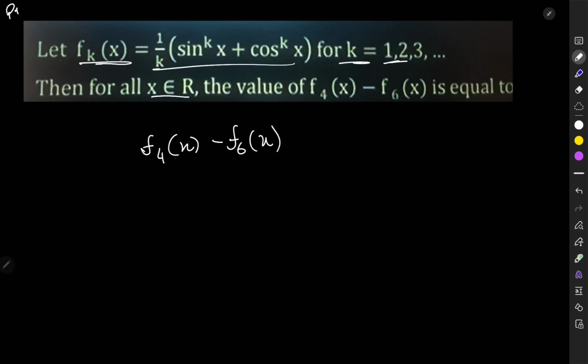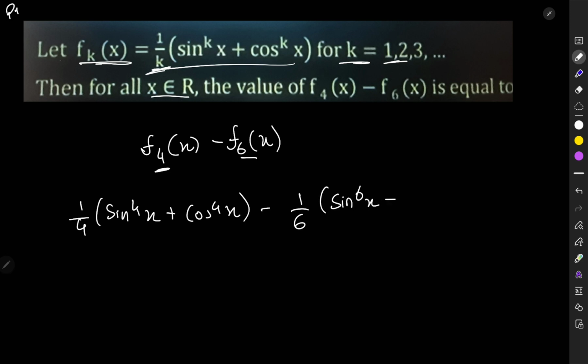So just apply 4 and 6 here. Okay, so 1 by 4 sin 4x plus cos 4x, fine, minus 1 by 6 sin 6x plus cos 6x, right?